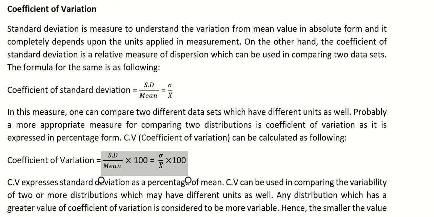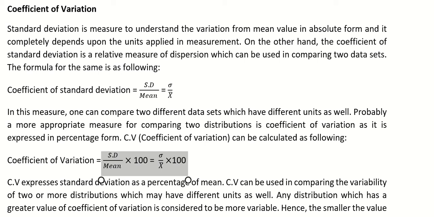So for checking it, we calculate standard deviation, whether the average value is representing the data as a whole or not. The larger the value of standard deviation, the less representation by the mean value of the data set. So the value of standard deviation should always be low, right?